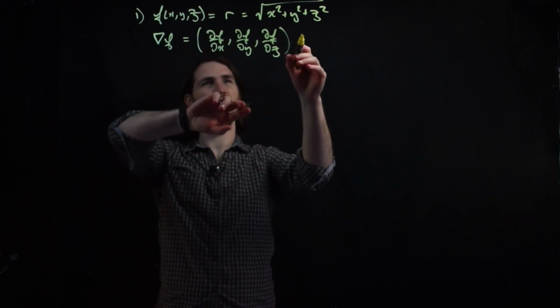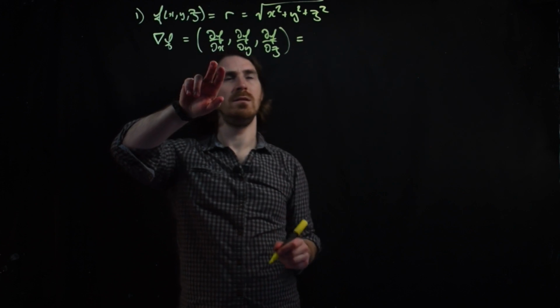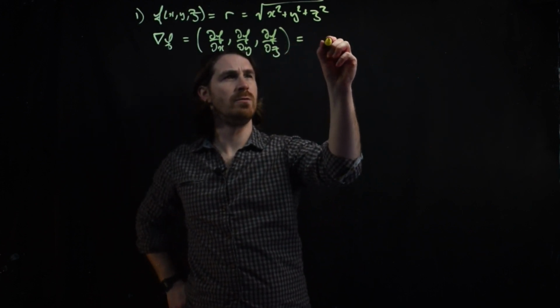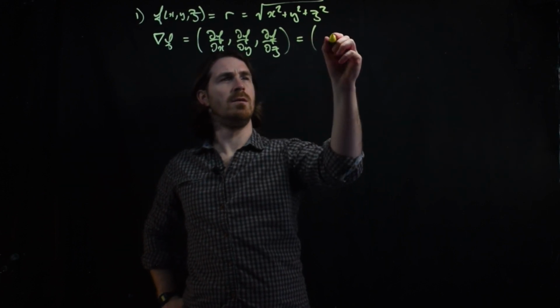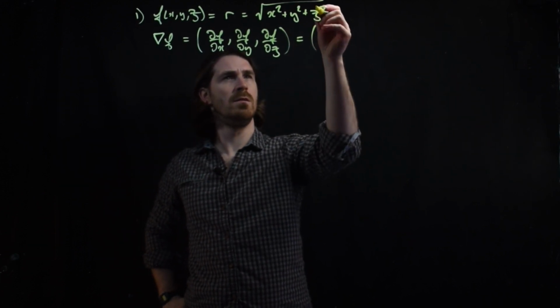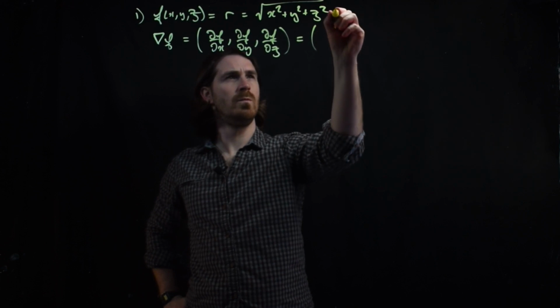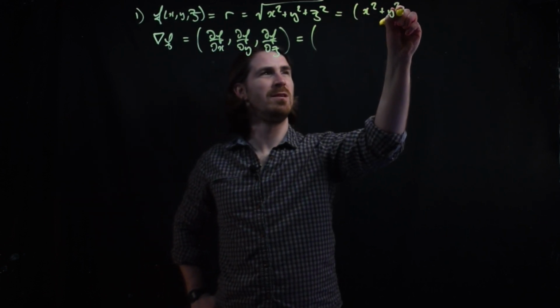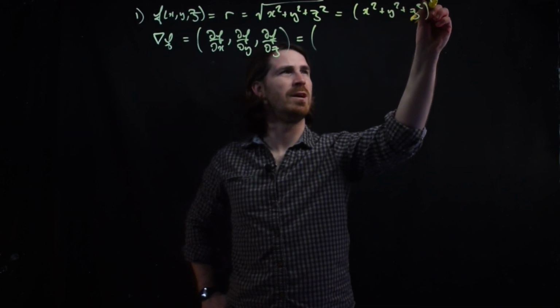And here df by dx is equal to, let's write this to make it easier, x squared plus y squared plus z squared to the 1/2.